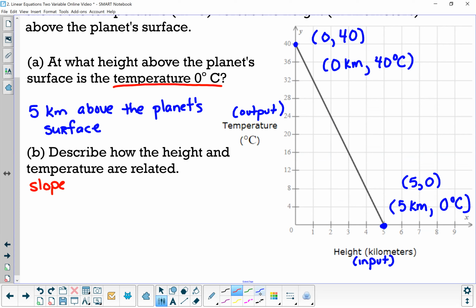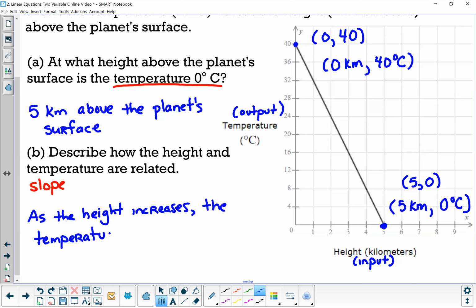So we can describe it as saying, as the height increases, that's our x-axis, the temperature decreases.